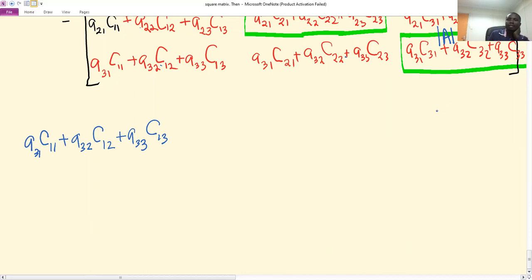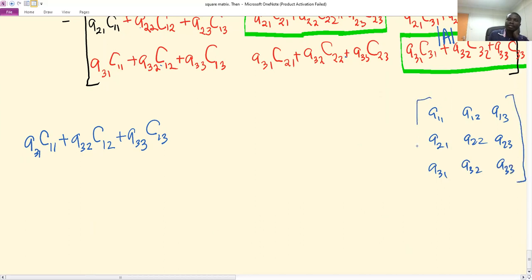Now, remember, this is the matrix A11, A12, A13, A21, A22, A23, A31, A32, A33. So this is our A matrix.